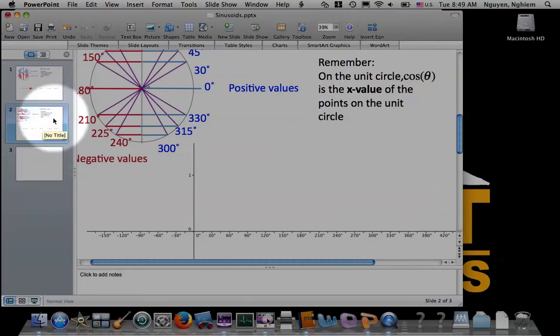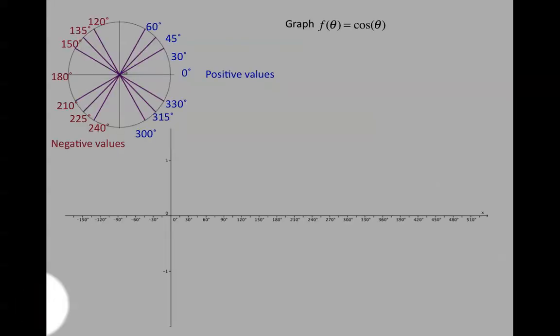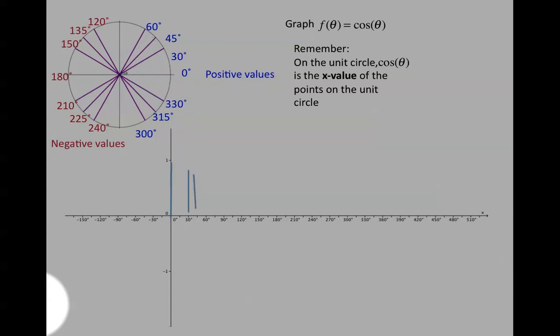Once you're done with all of this, you can fast forward through this to go to the end. You should get a pretty clear picture of what cosine of theta looks like, and for the sake of your own learning, you need to continue doing this for the negative numbers, as well as for all of the positive numbers.